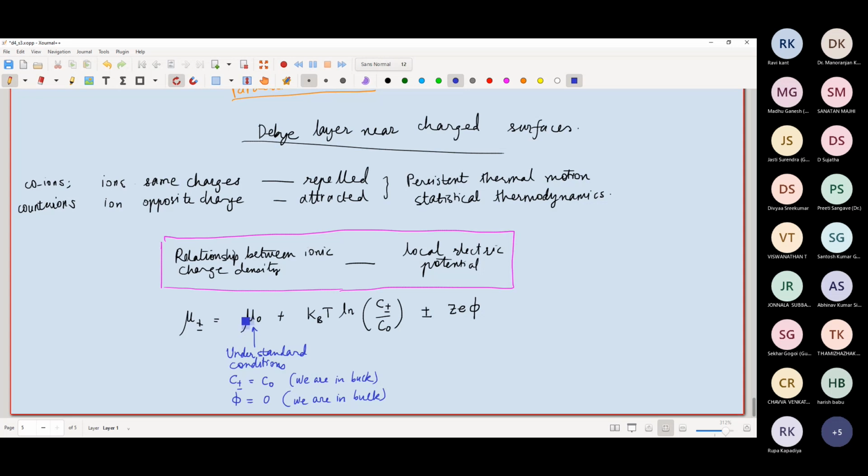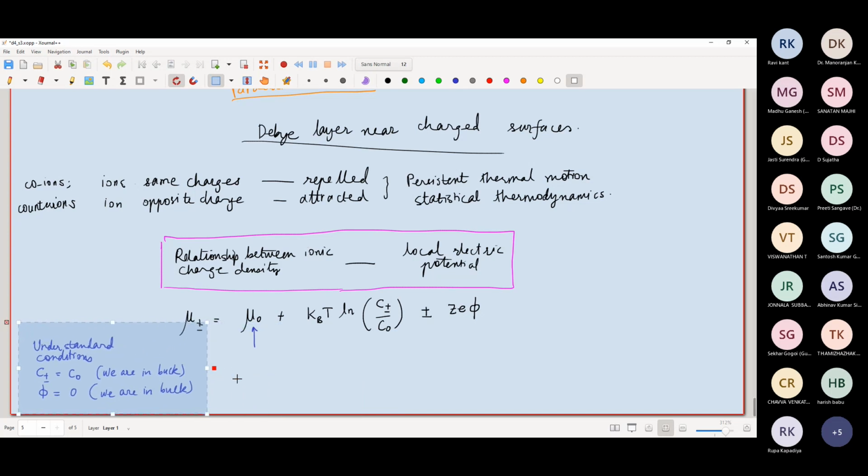Now what about this kB T ln C plus minus over C naught? So kB is the Boltzmann constant, and this particular term, if you remember the thermodynamics that you might have learned in your 11th or 12th, is the log of the activity.